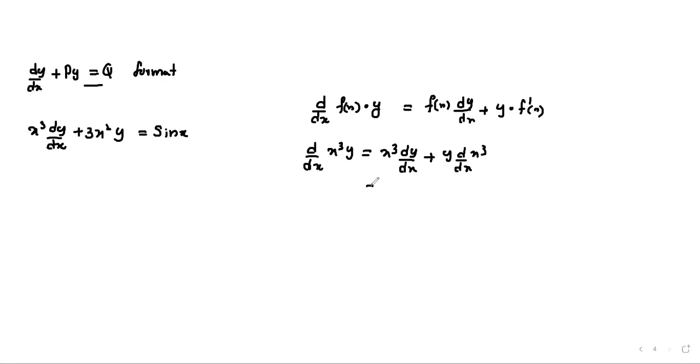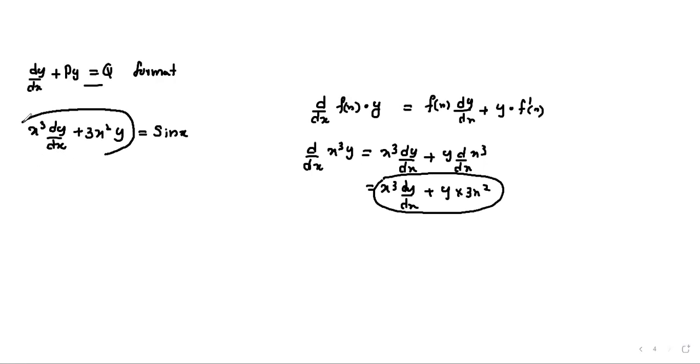So what would be the answer? x cubed dy by dx plus y times 3x squared. Now can you see, this is the expression available here, isn't it? That is the expression available here.